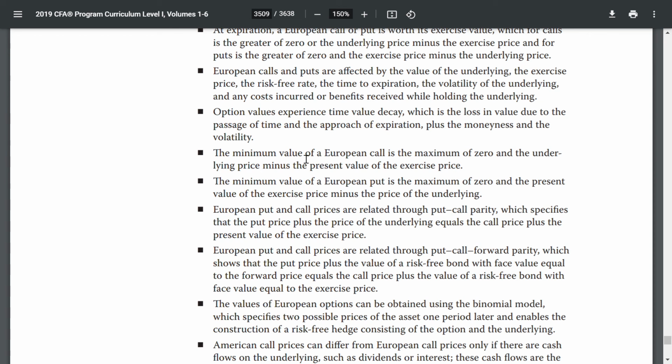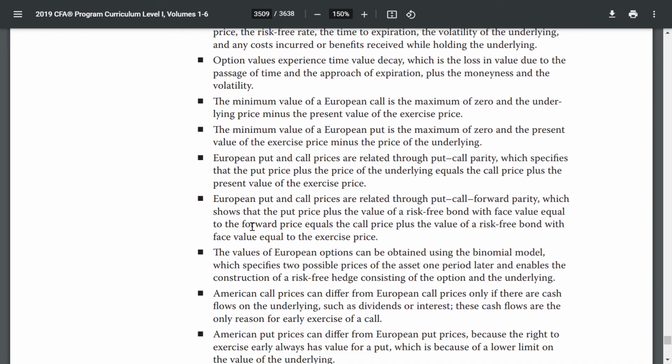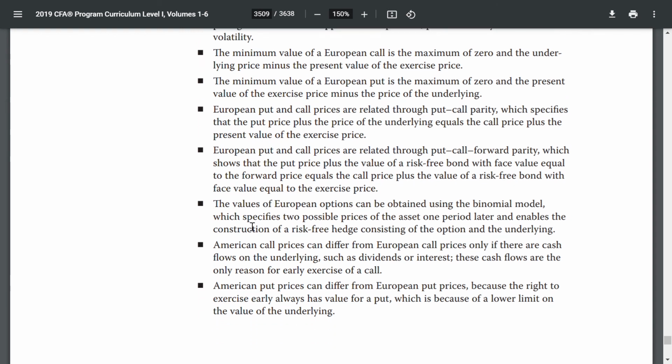The minimum value of a European put is the maximum of zero and the present value of the exercise price minus the price of the underlying. European put and call prices are related through put-call forward parity, which shows that the put price plus the value of the risk-free bond with face value equal to the forward price equals the call price plus the value of the risk-free bond with face value equal to the exercise price.